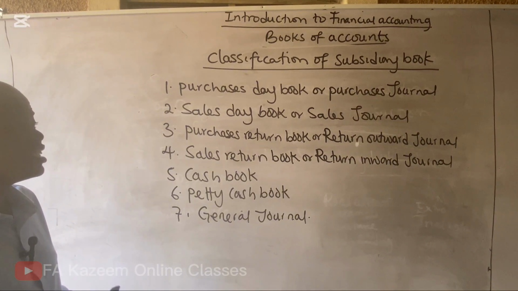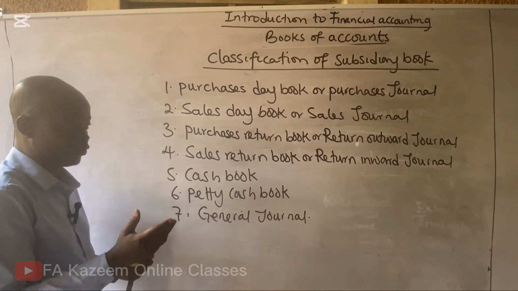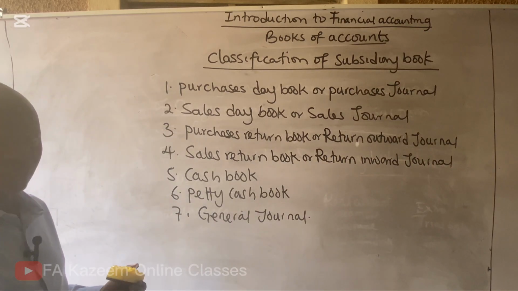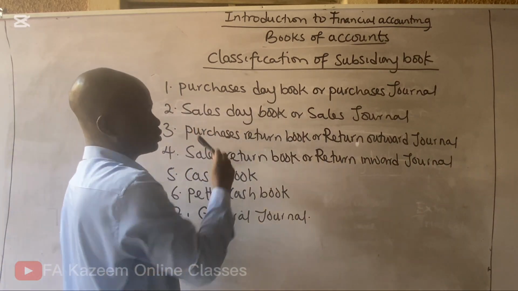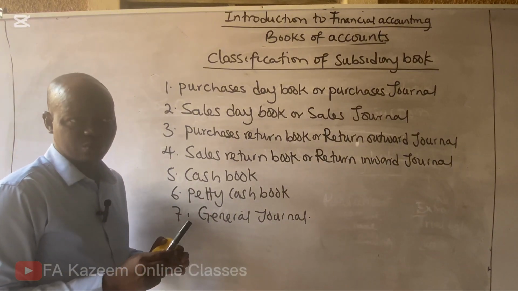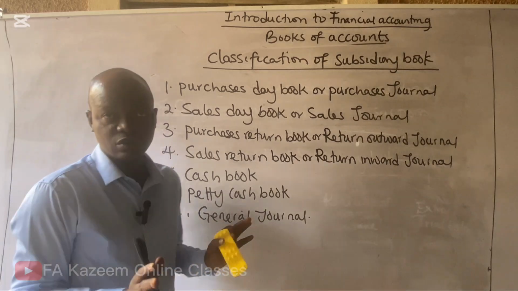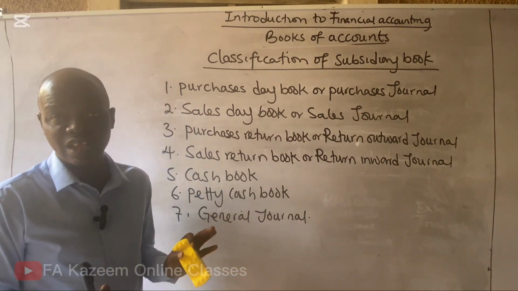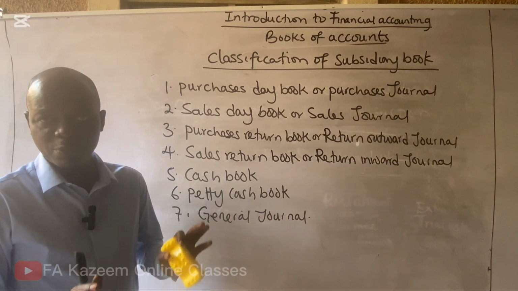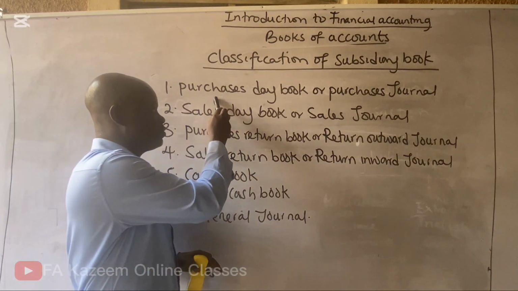We are going to look at each of them in detail in terms of calculation. What are they used for? Let's summarize all the books. Purchases day book is a book that is used when goods are bought on credit. When you bought goods from your supplier on credit, the appropriate subsidiary book to record such transaction is purchases day book.